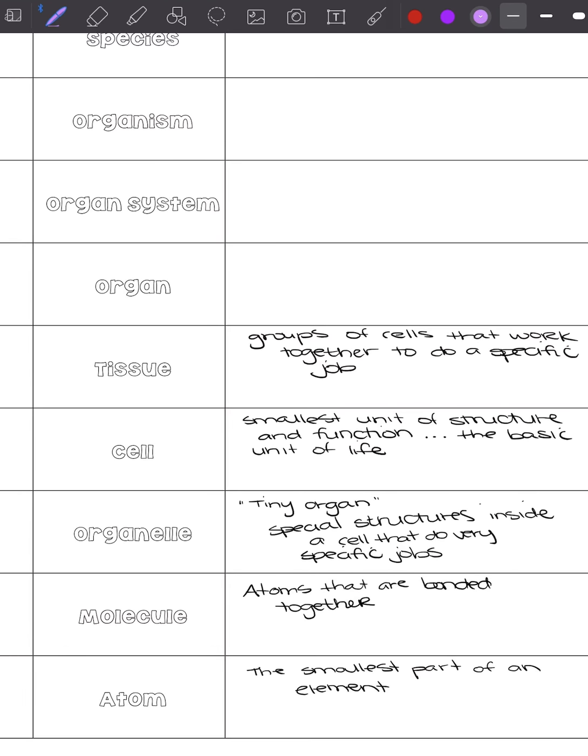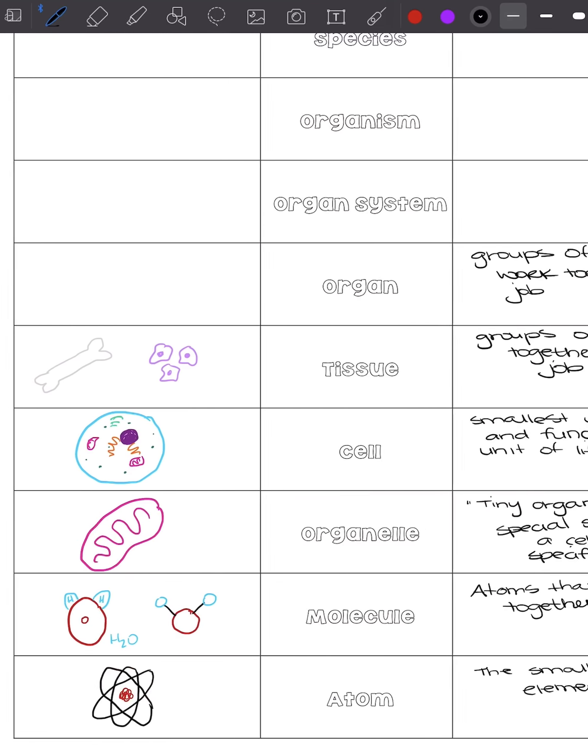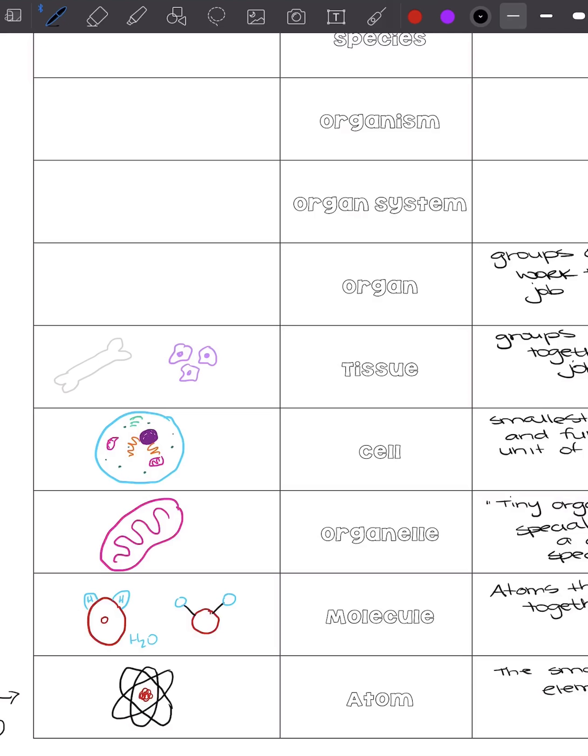All right, an organ. Groups of tissues that work together to do a job. What do we want to draw for an organ? Liver's easy. Here we go.